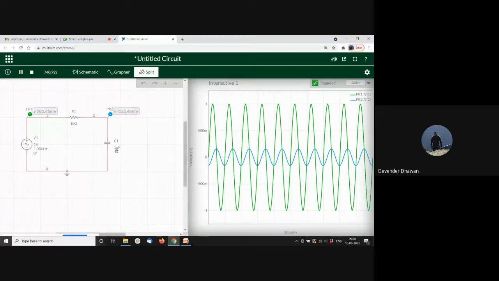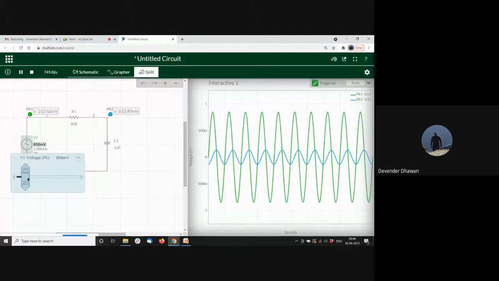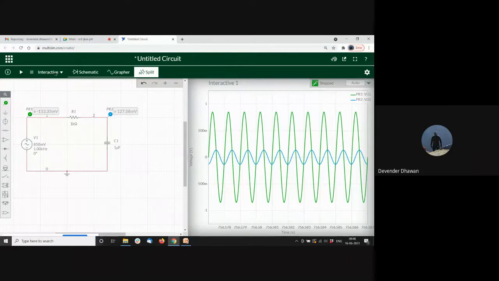Okay, so obviously here we can go with the traditional method, we can increase the frequency, note down the values in an Excel, and then plot it. That is one way to go about it. Another way is the different simulation method. Here it is interactive.